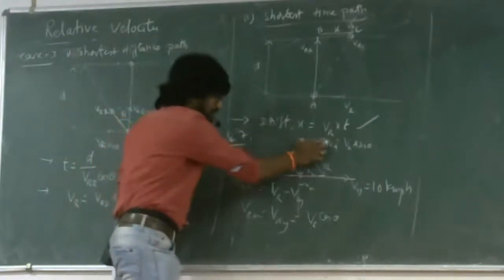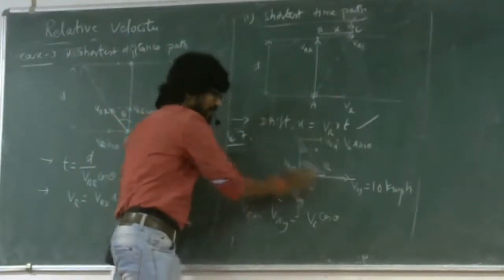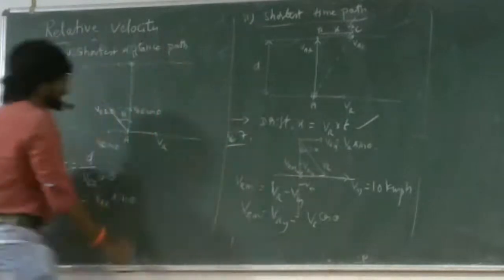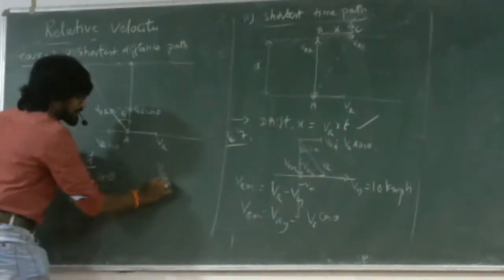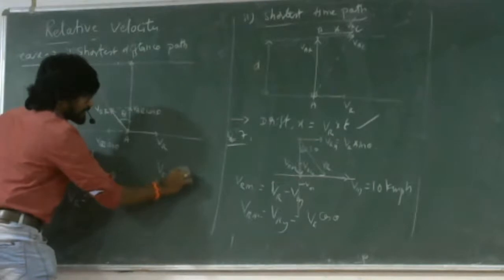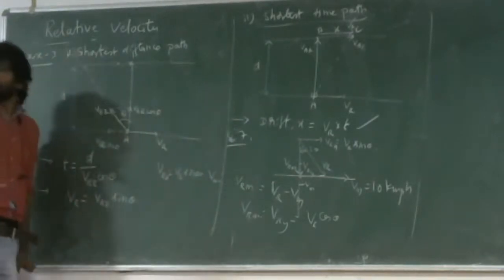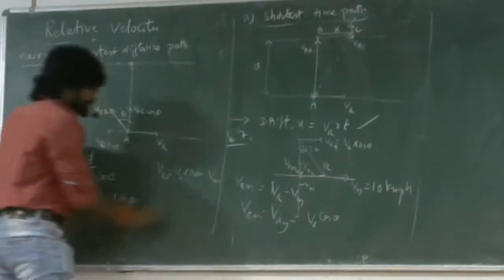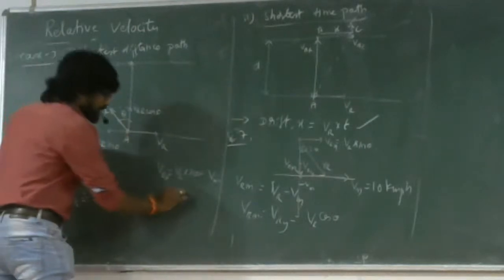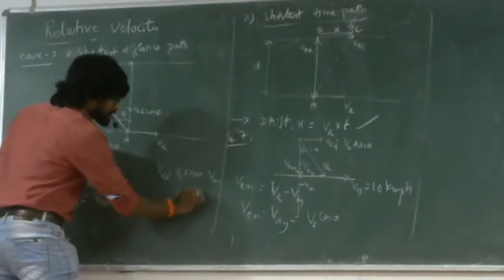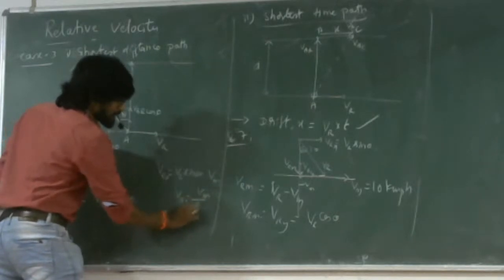So this is coinciding with this. So you can say that Vrx, that is Vr sin theta, is equal to Vm, magnitude wise. Then as theta is 30 degrees, Vr is equal to Vm by sin 30.